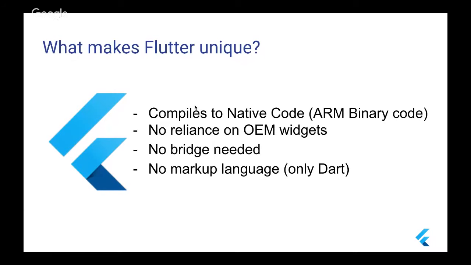You can force your application to work like Android on iOS. And not only that, you can give your users the ability to choose which type of behavior they want their application to act with. And the third thing, there is no bridge between the UI layer and my binary machine code.